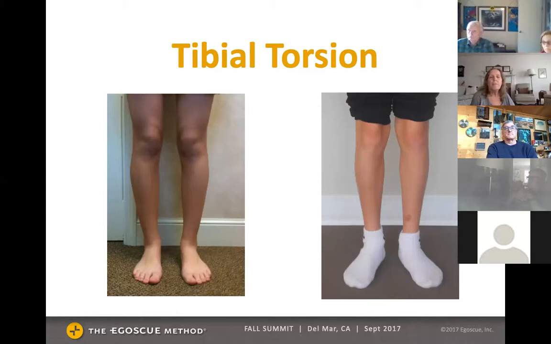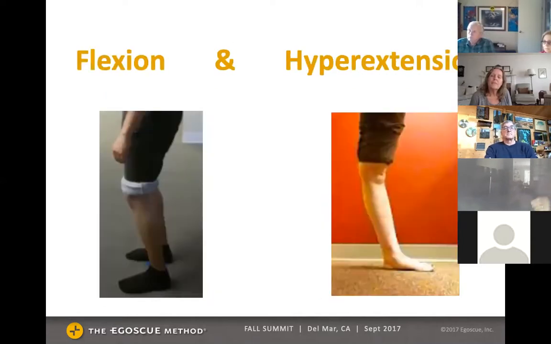It's more obvious here on the right. The feet are turned out a good amount, but the kneecaps are almost pointing straight ahead. So you've got that torsion, that twisting force happening in the lower leg from the ankle up to the knee, so that once again the knee is not a hinge anymore. It's getting twisted because the ankle and the foot and the knee are not pointing the same direction. So common issue there.